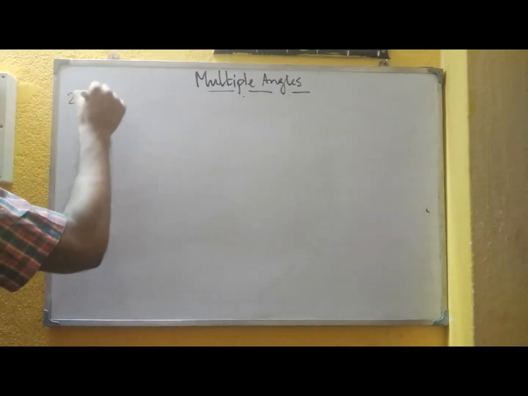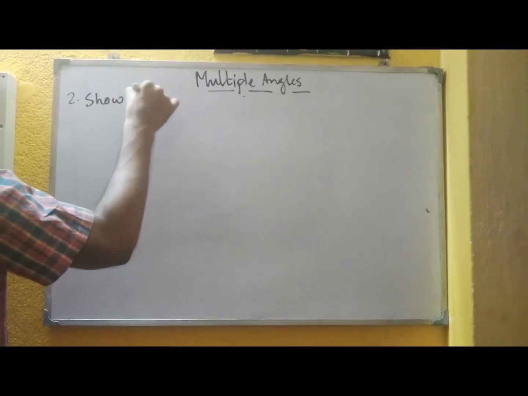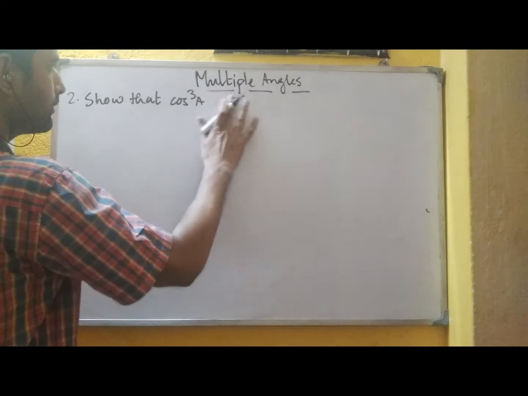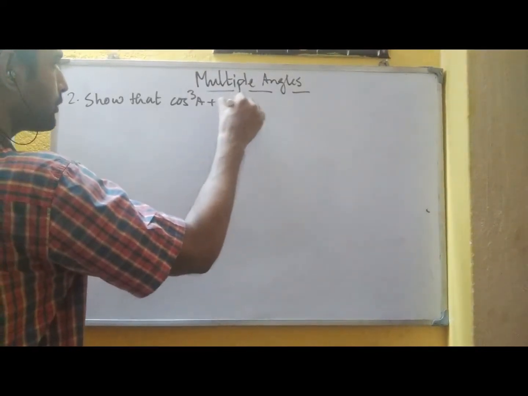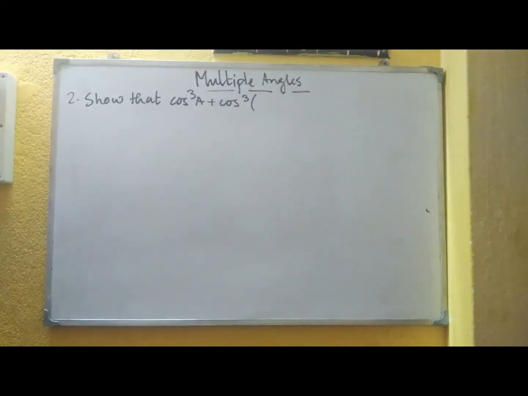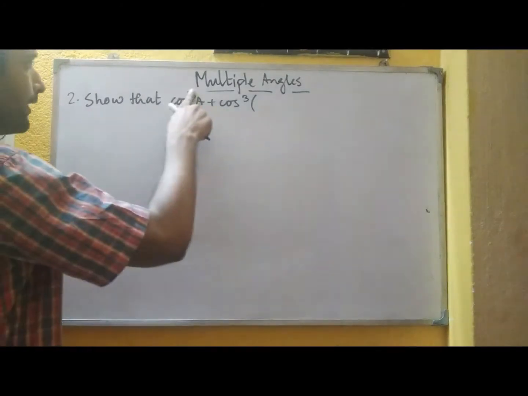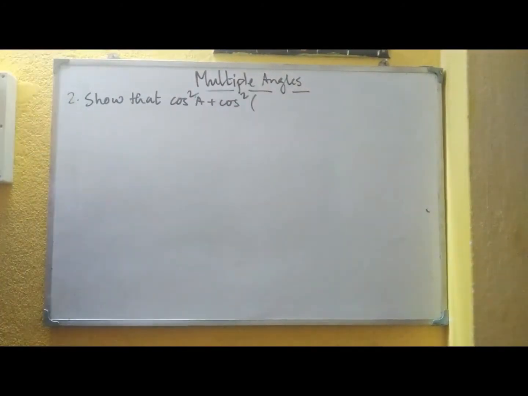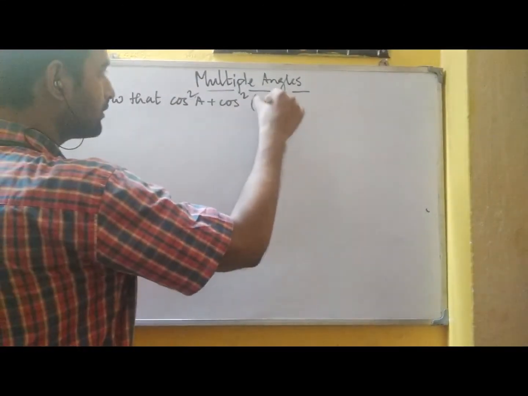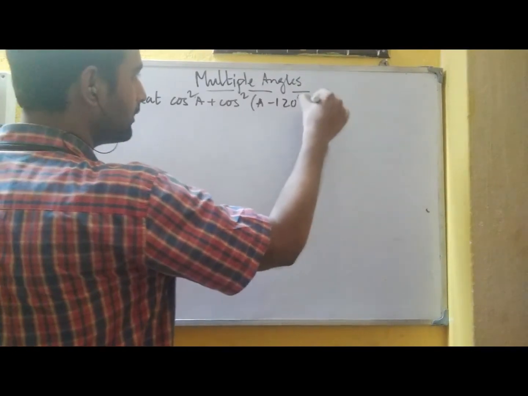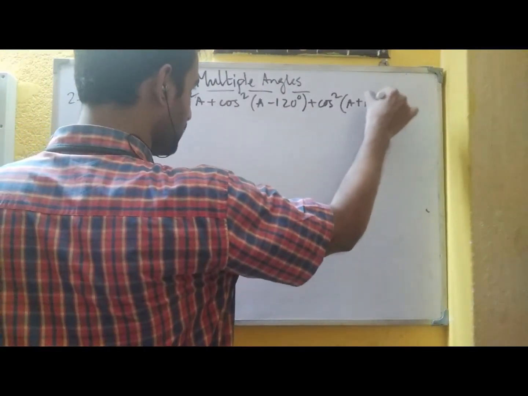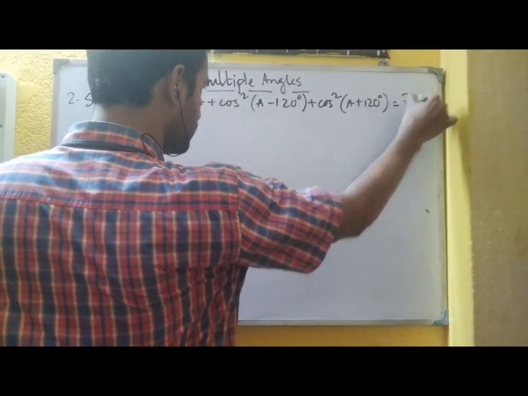It says show that cos square A plus cos square A minus 120 and cos square A plus 120 is equal to 3 by 2.